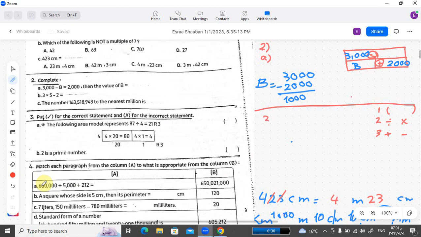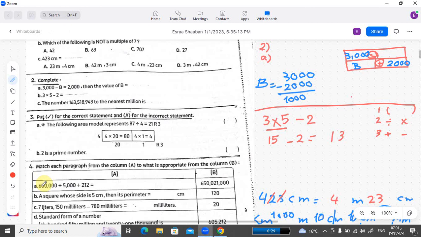So here 3 times 5 minus 2. I search for brackets. We have none. After that, divide or times, which comes first. We have times here. 3 times 5 equals 15. And we have minus 2. 15 minus 2 equals 13. So the answer is 13.